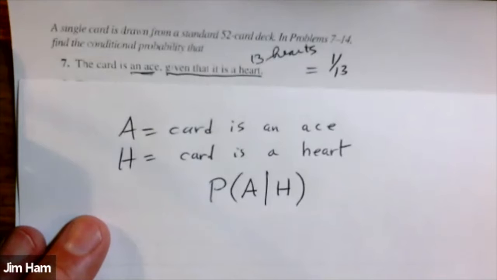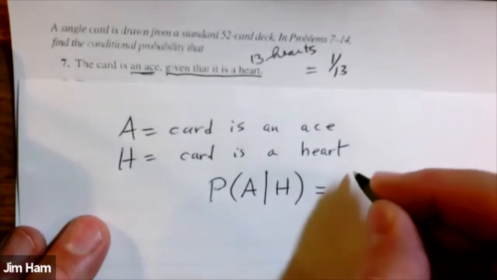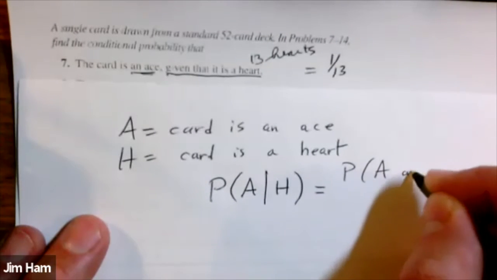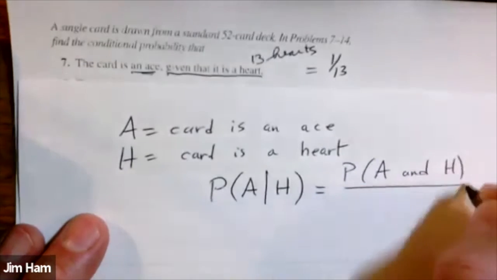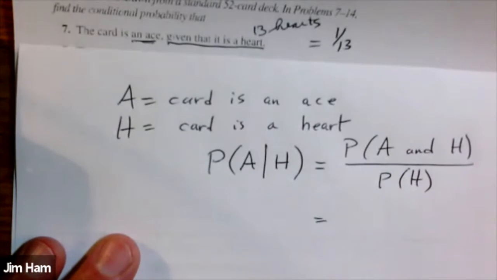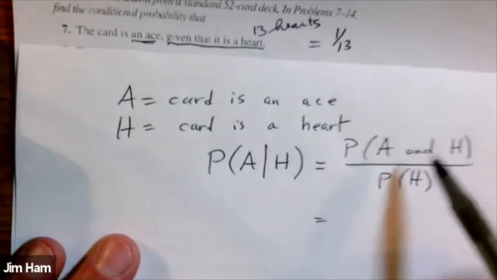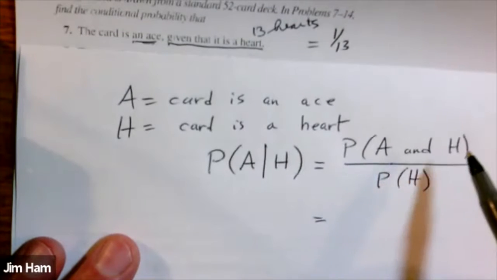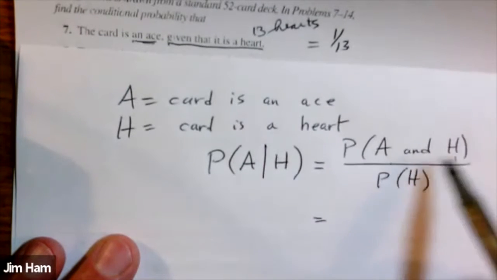Now, based on our probability rules, this is the probability of ace and heart divided by the probability of a heart. So another way to say the numerator here is, what's the probability of drawing the ace of hearts?